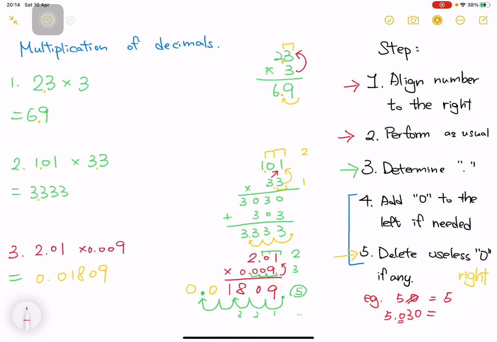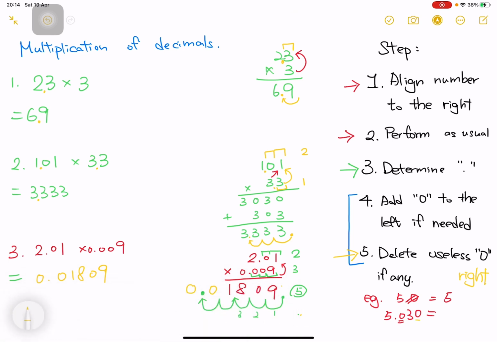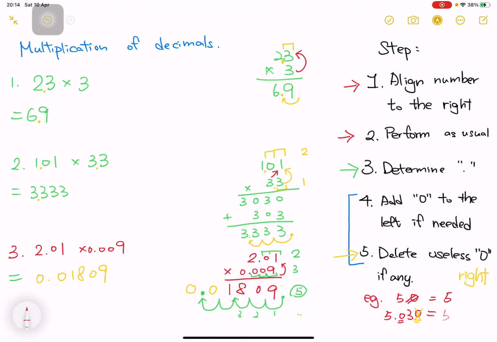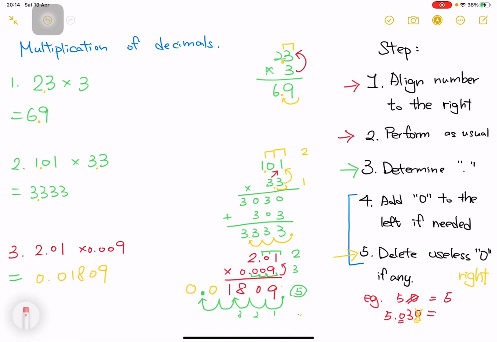But if the 0 is at the back, the last number that you see, then you delete it. The answer for this part is 5.03 for this question.